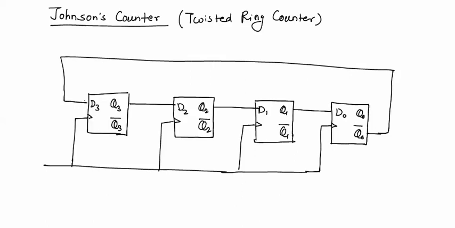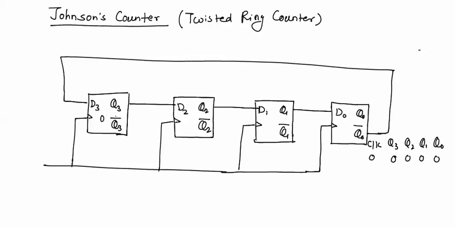Now we'll start the operation. Suppose in the twisted ring counter we have initial count Q3, Q2, Q1, Q0 as 0, 0, 0, 0, and I will count the clock pulses which are applied to the flip-flops. Initially the count is 0, 0, 0, 0, so I will arrange all the inputs before applying the next clock pulse.